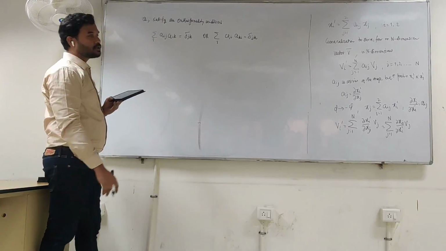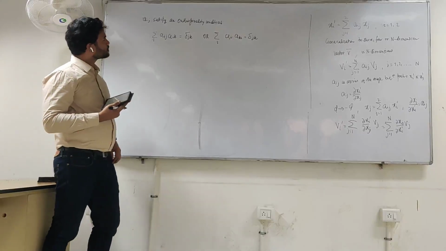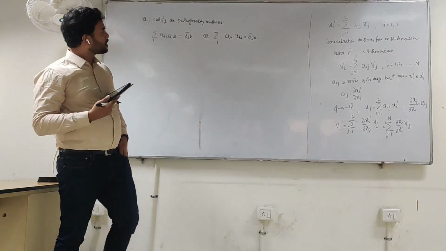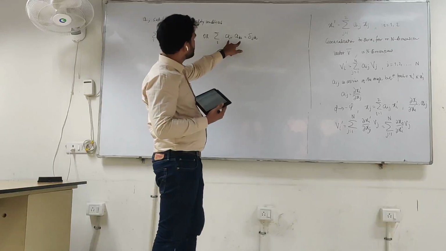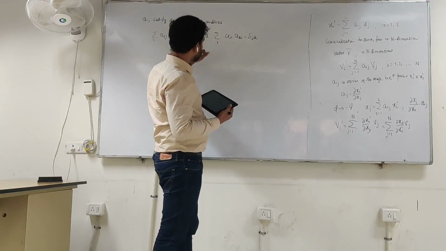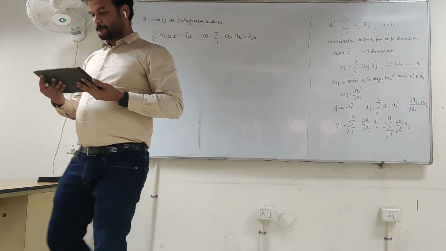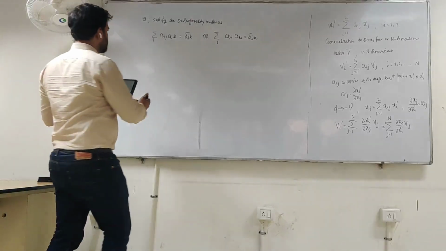In the second one you just interchange the dummy indices. Yes, I am just interchanging them, but remember that this again gives delta jk. And delta jk is the Kronecker delta function, right?